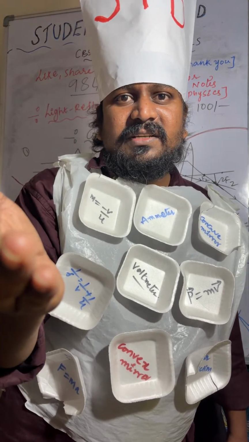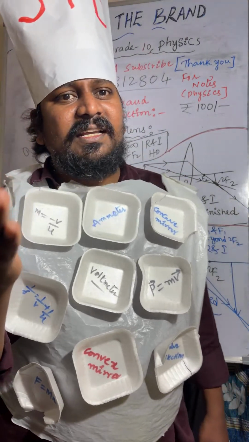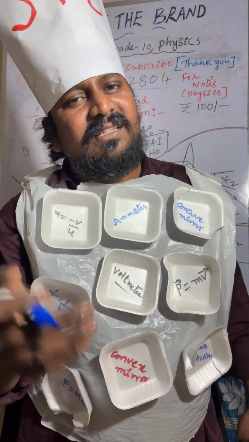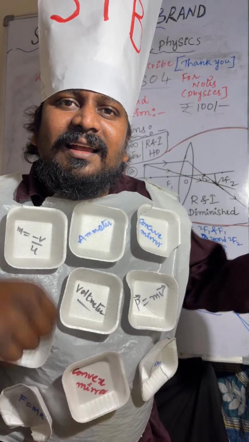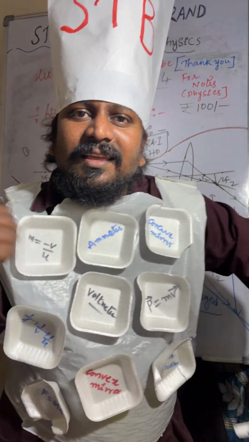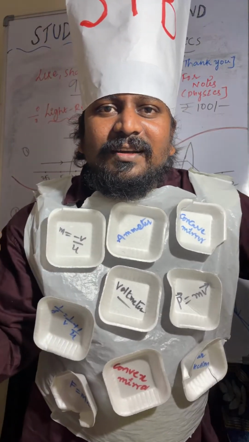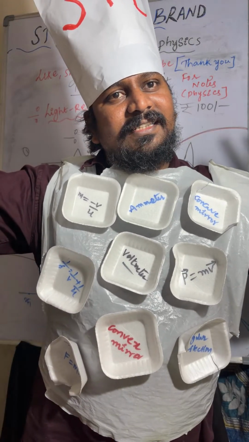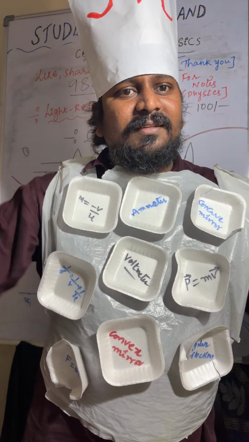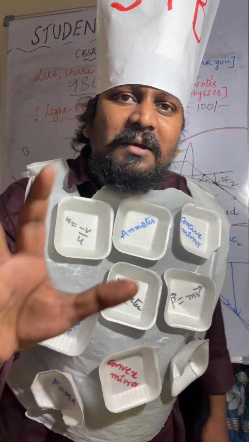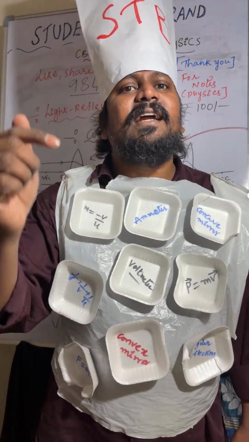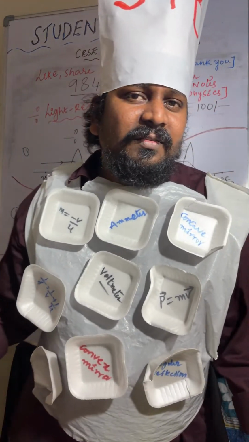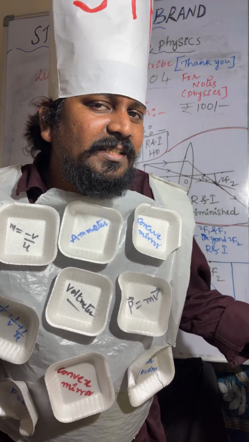Do you know what is the nature of the image? Nature of the image is real, inverted, highly enlarged. Once again, object is placed at F1. Where is the image formed?